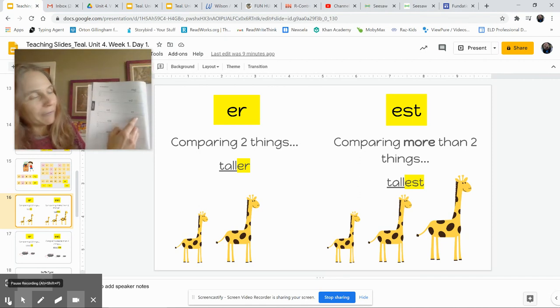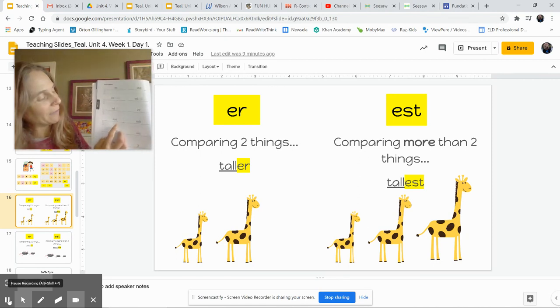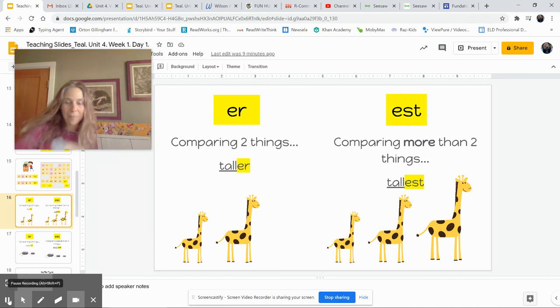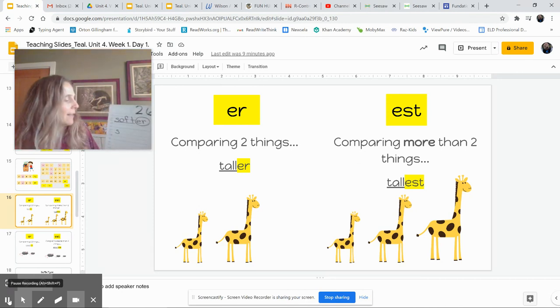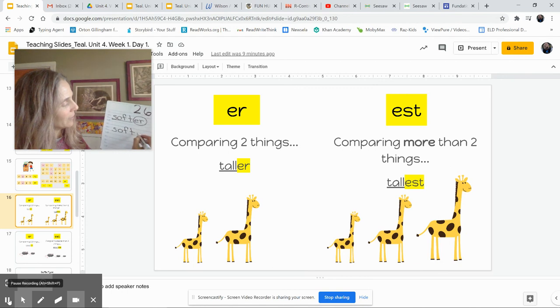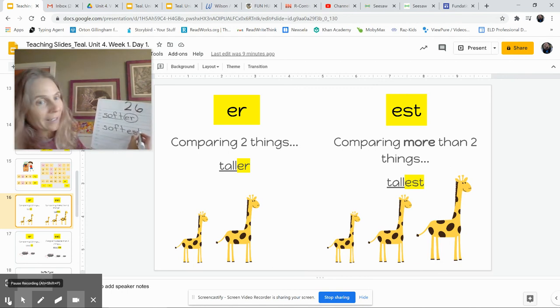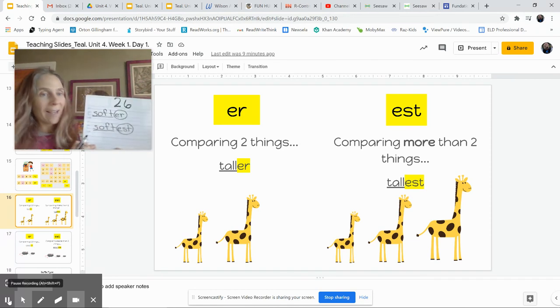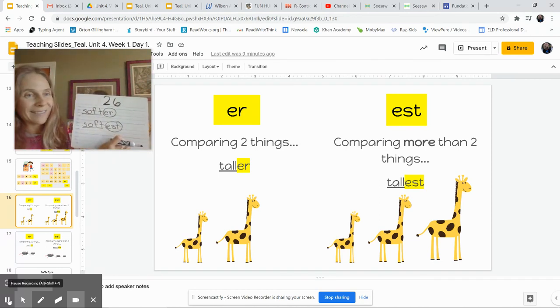So we wrote softer here and we're writing softest here. Softest. There we go. Now I'm underlining my base word and circling my suffix. And I have my word softest.